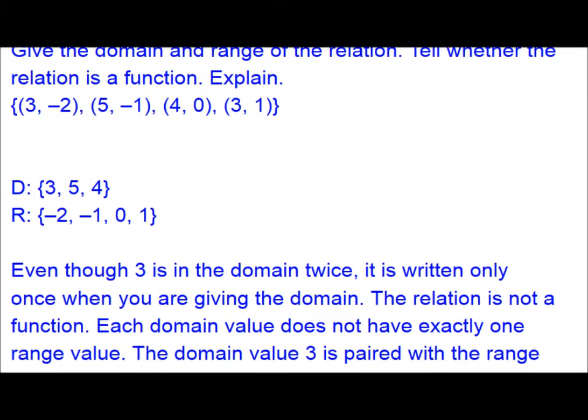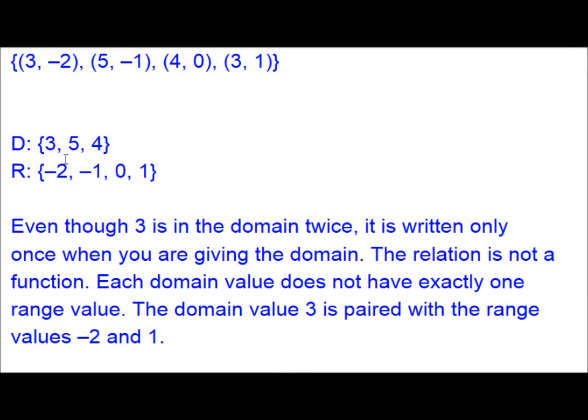Now what we need to do is find out if each of the domain points to only one value in the range, then it is a function. If a domain point points to two values in the range, then it is not a function. As we see, 3 points to -2 and 1.